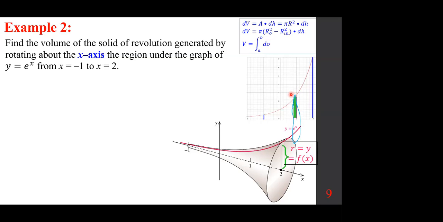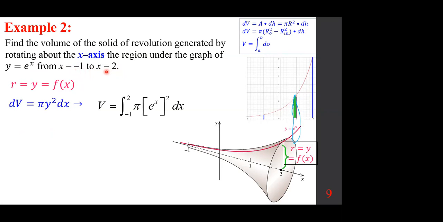Okay. And so you write down pi. We're going to replace the r with y, which is e to the power of x, and we're going to replace the dh with dx. Which gives rise to the formula for the integration from -1 to +2.